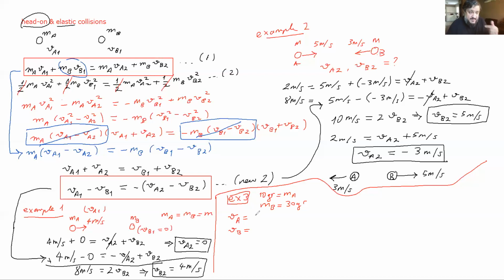So VA is moving to the right, A is moving to the right, 2 meters per second, and B is moving to the left, negative 2 meters per second. So based on these given numbers, what are, I guess I have to say VA1 and VB1, right? And based on these, what are VA2 and VB2?